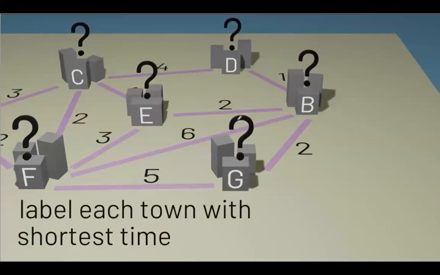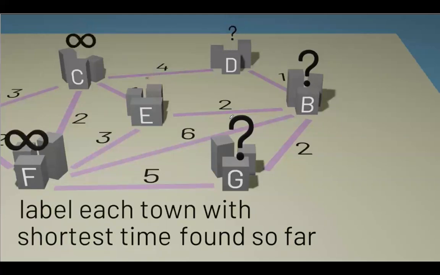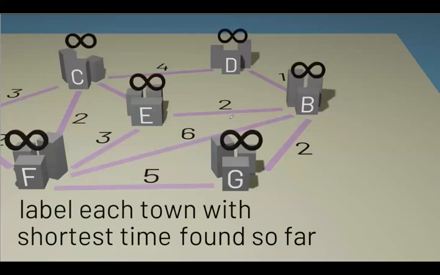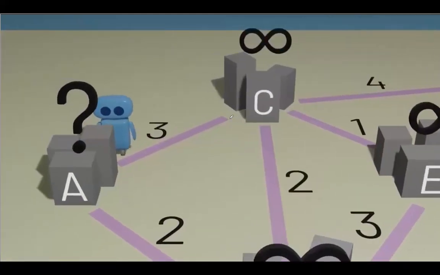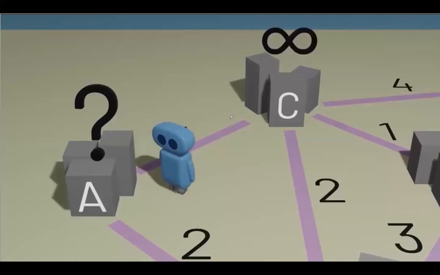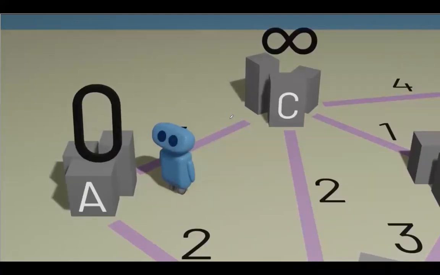So instead, we'll label each town with the shortest time we've found so far to get to that town. Before we've started the algorithm, we don't have any known way of getting to the towns, so we'll label them all with infinity. The only town that we can label correctly is our source, town A, which we can easily label. We're starting there, so it takes 0 minutes to get to this town.